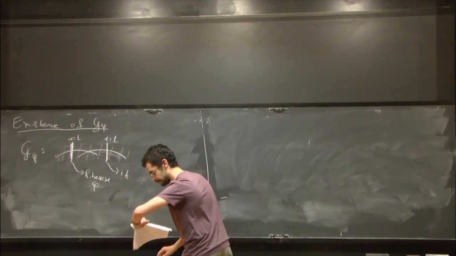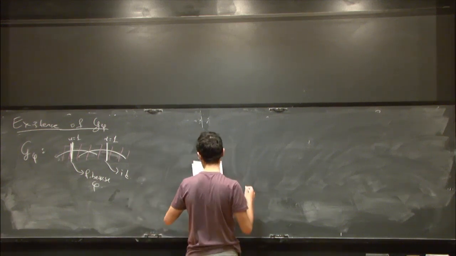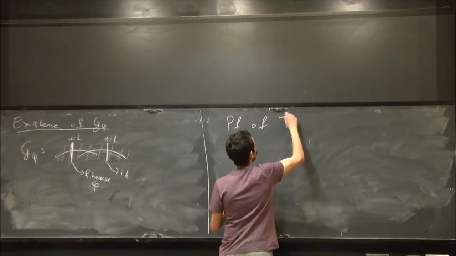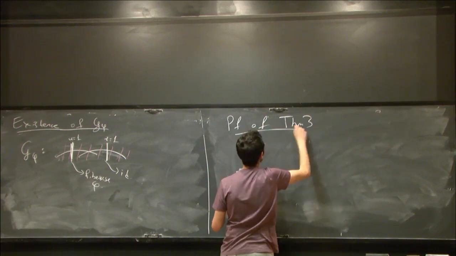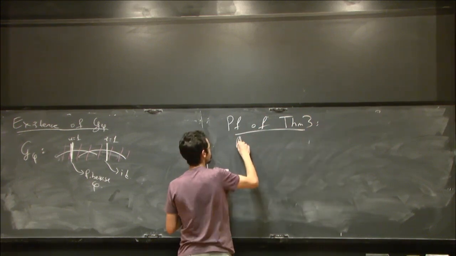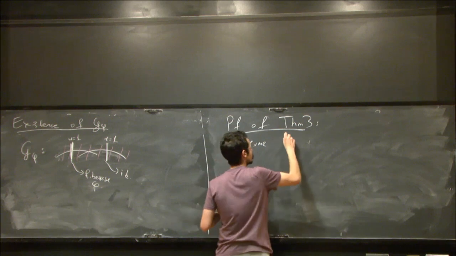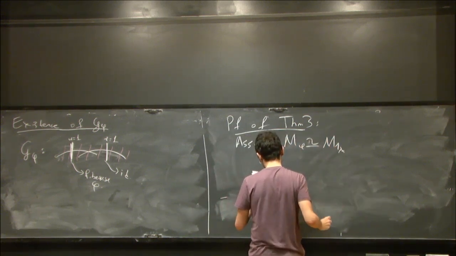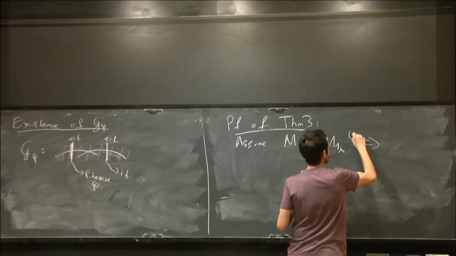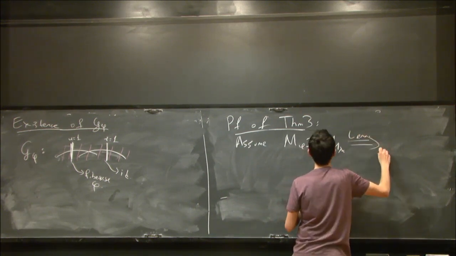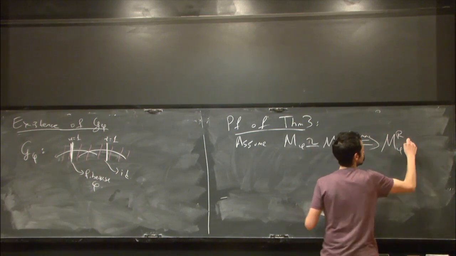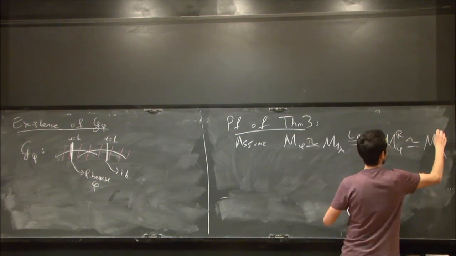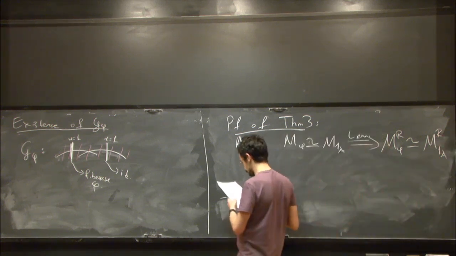Okay, let me conclude the proof. I don't have any time anyway. Proof of theorem 3. So assume m phi is the same as m1A, and by the lemma that identifies deformations, this assumption implies the deformations are the same as well.